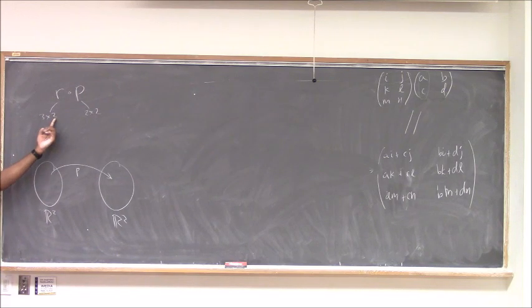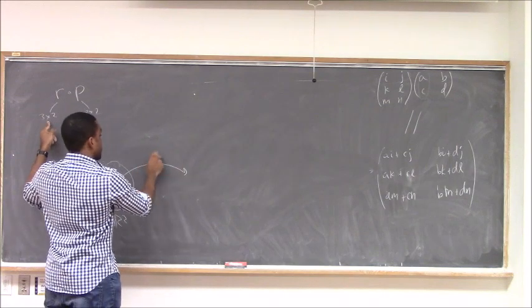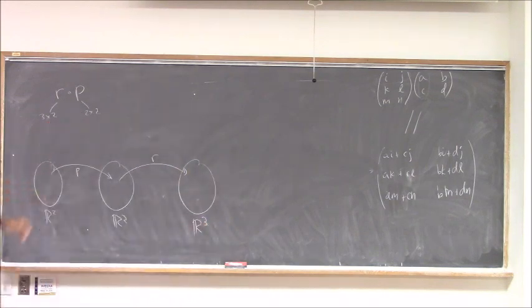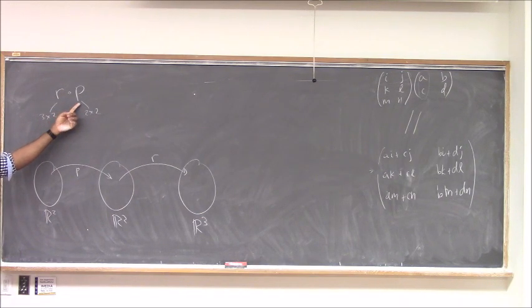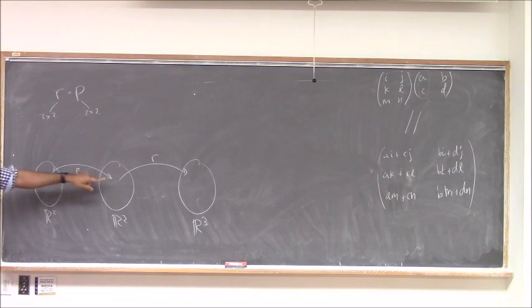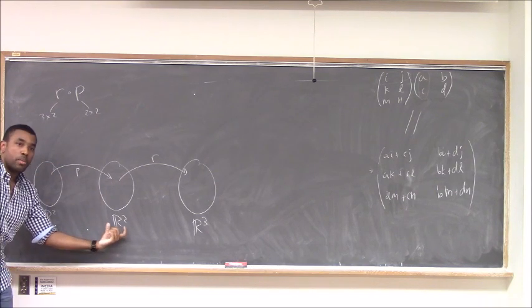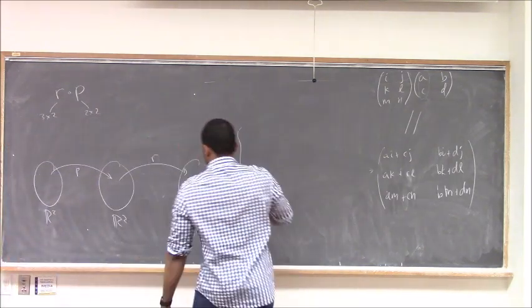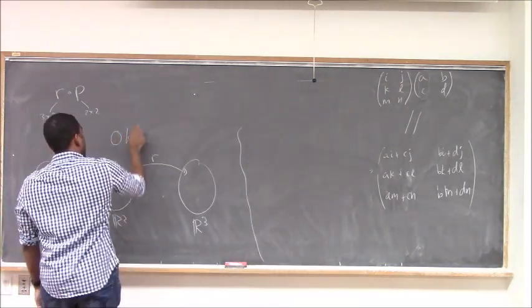R goes from a 2-dimensional space to a 3-dimensional space. So R would take things from here and would put them in R3. Right? And so now, the reason why RP, that order, makes sense is because the output of P has the right number of dimensions to be the input of R. The other way didn't work, and this was okay. Right?